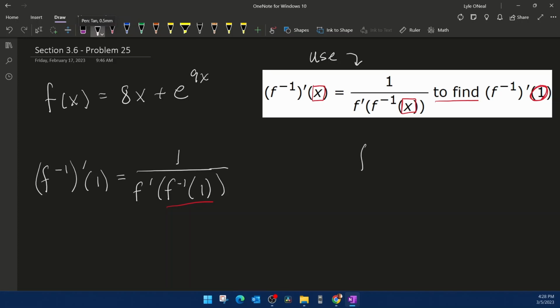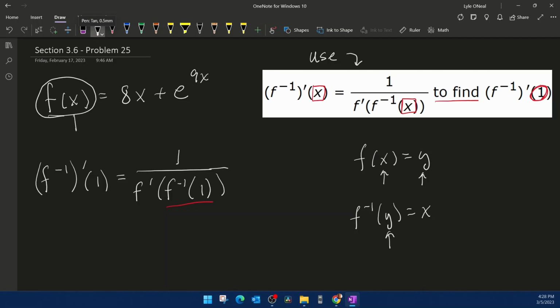And so we know that f of x is y, meaning that in this notation, if you're given an x, you get a y. Switching that, f inverse would be of y equals an x. And so in this case the number 1 corresponds to a y in our original function.